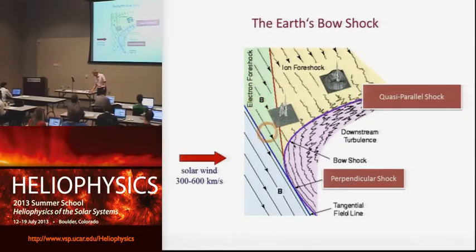Okay, we also have something called the electron foreshock. Everything in front of the shock we call a foreshock. So if it's got energetic particles there in front of the shock, we call it a foreshock. And the electron foreshock is where we find the energetic electrons, and the most energetic electrons we find almost on the field line, or very close to the field line, which is tangent to the shock surface.